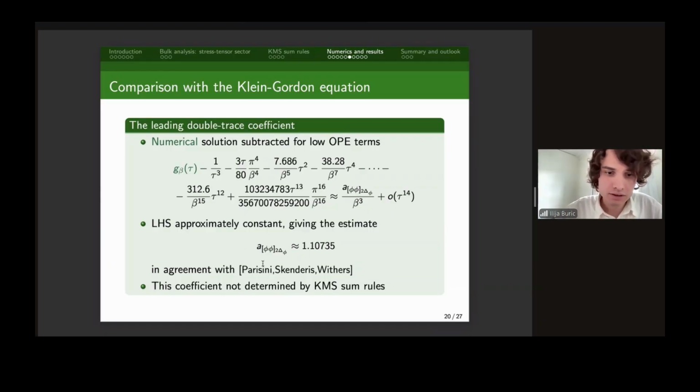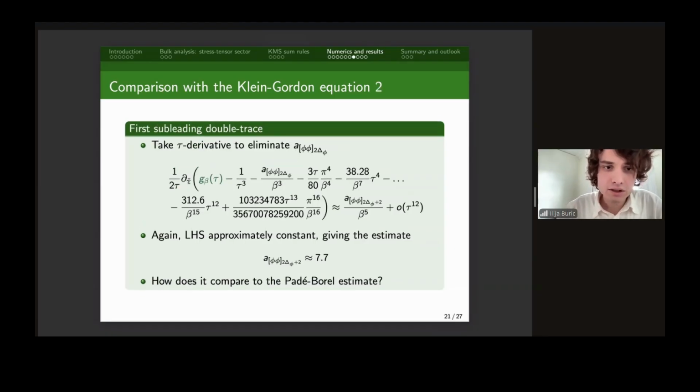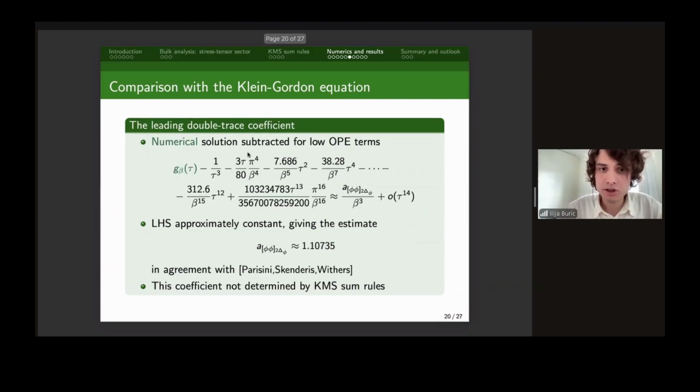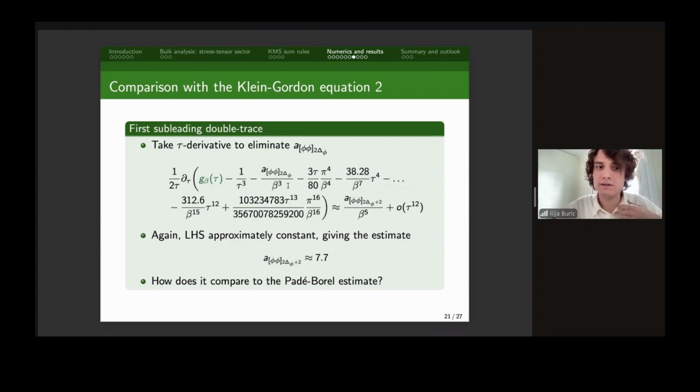But to check the consistency of our method, we need to go to higher coefficients, which are fixed by Pade-Borel. I will just explain for one of these, and then all the others work the same. We want to eliminate all the noise that comes from the first coefficient that we don't know, and this we can do by taking the derivative. Essentially this coefficient came with some power of tau, so if we take the derivative, we can eliminate it.